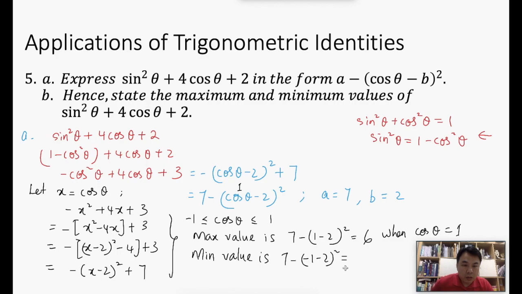So in this case, you will get negative 2 when cosine is equal to negative 1. Because when cosine is equal to negative 1, this expression will become the largest. Therefore, your overall value will be the smallest.